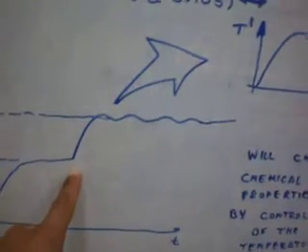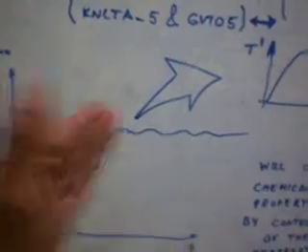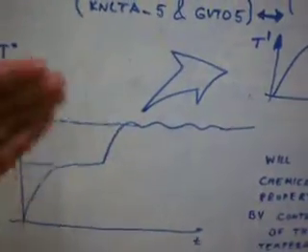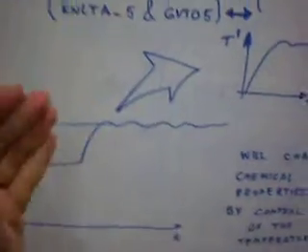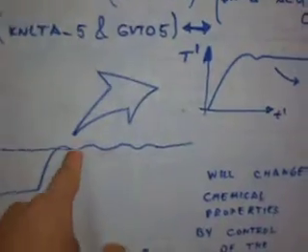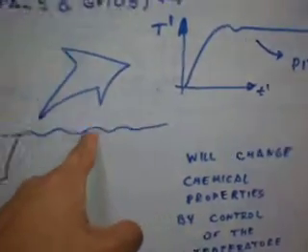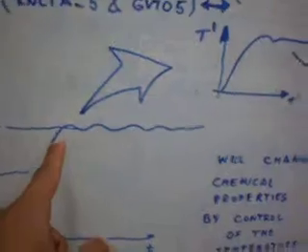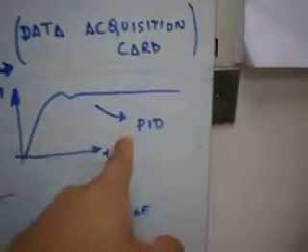If we increase, maybe with a heater obtained by an electrical resistor, next to the chamber or into the chamber, the behavior here is slightly the same. And we can improve this behavior with a PID controller.